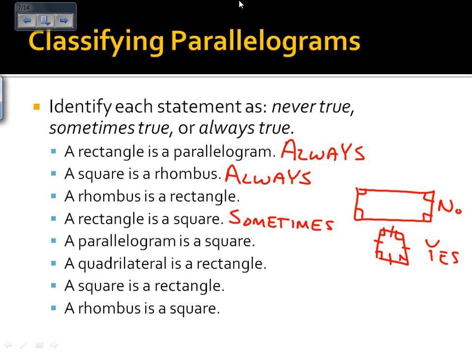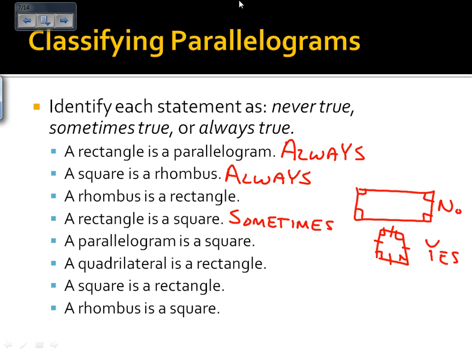There are some that are not squares. Do you see? Everybody see those? But there are also some rectangles inside that are squares. Does that make sense? So sometimes. Clear? Correct. And that's the same thing with a terrier is always a dog, right? But dogs are not always terriers. Sometimes they are, but not always.